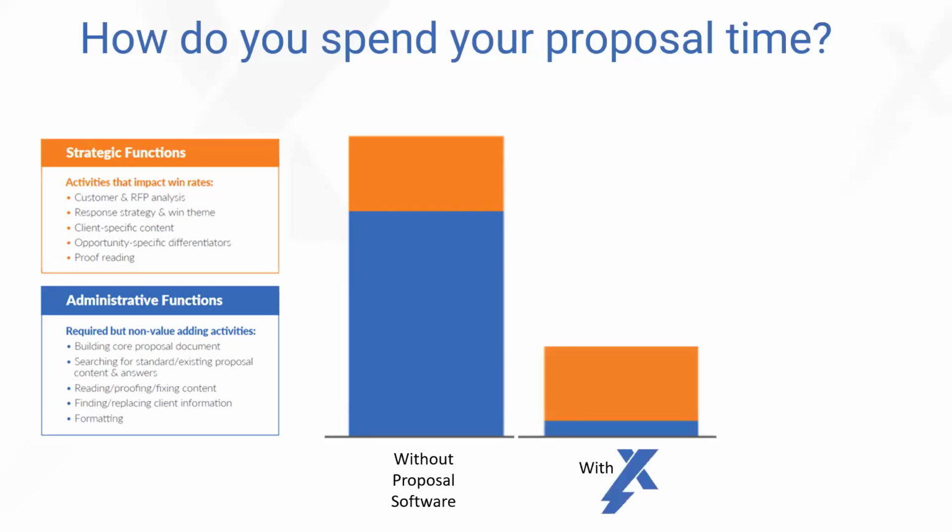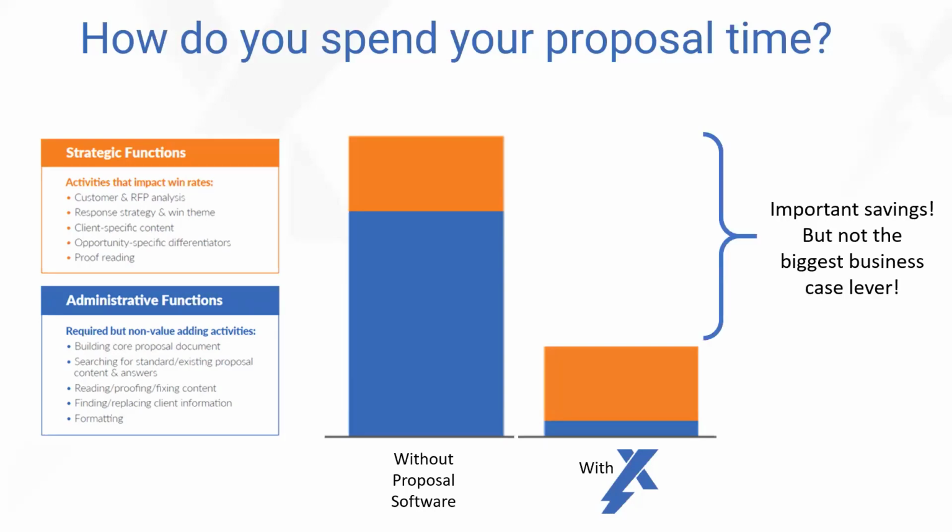Because what I would expect, and what I found when I deployed Expedience and even some other proposal tools in the past, is you should expect a radical reduction in the time that you're spending on those administrative activities, those core blocking and tackling activities, if you will. There's a temptation here, though, that is not incorrect, but it's just limited. There's a temptation that customers oftentimes start with to say, okay, great, then that savings right there, that's where I can calculate my return on investment.